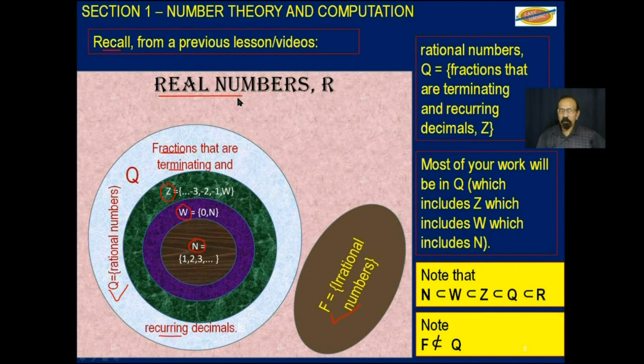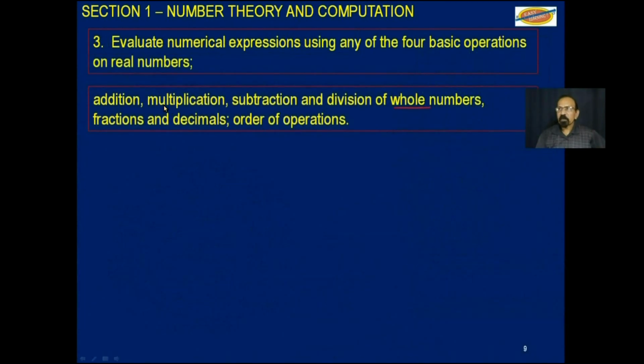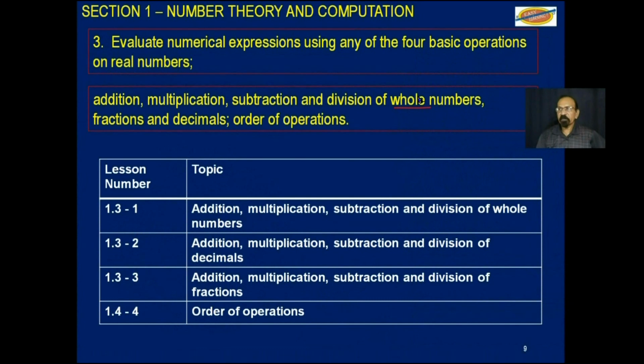So those are the numbers we will be adding, subtracting, multiplying, and dividing. For this objective, we have to do that with whole numbers, with fractions and decimals. So that is too much for one video. So I have divided it into 4.